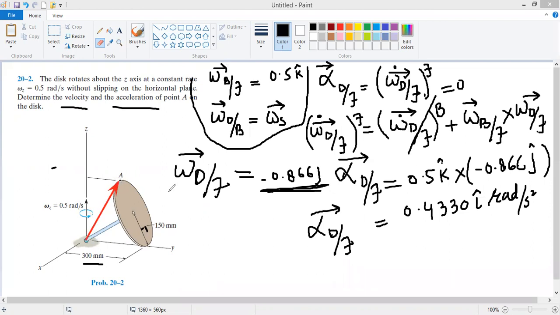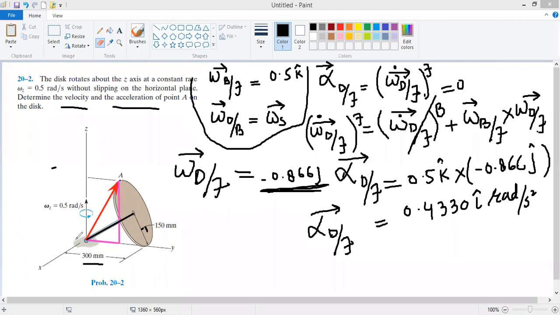We'll draw the vector from this point to this very point. This is its z coordinate, and this presents its y coordinate. Now let me also draw the distance from here to here.